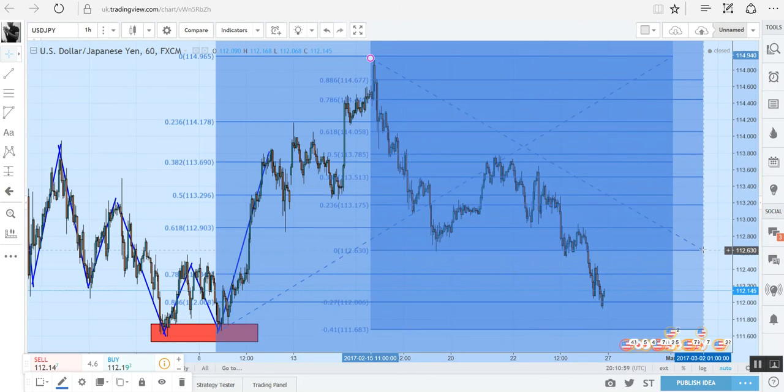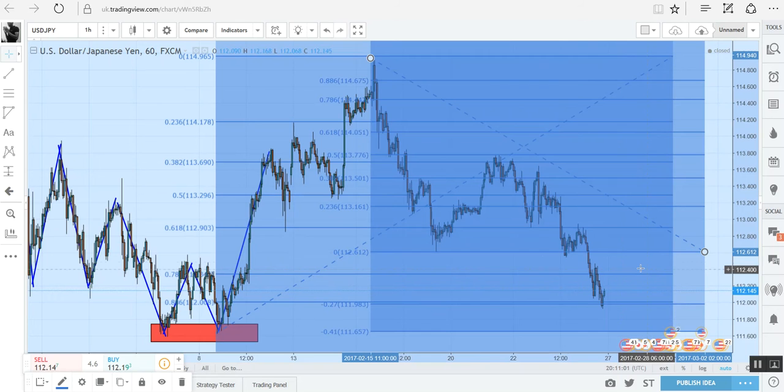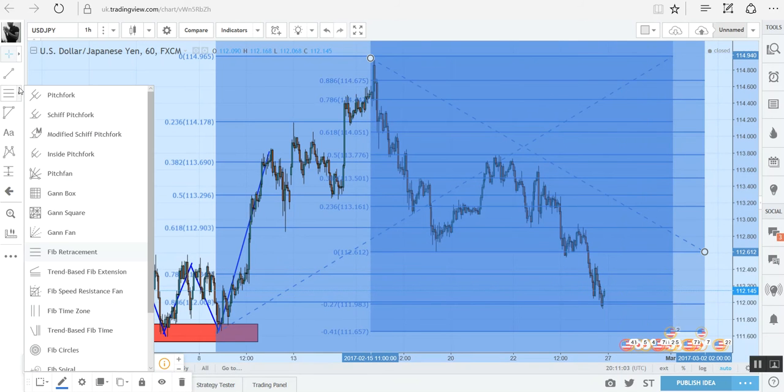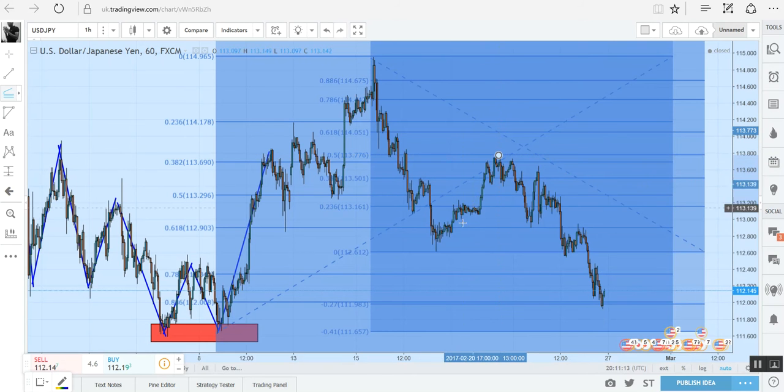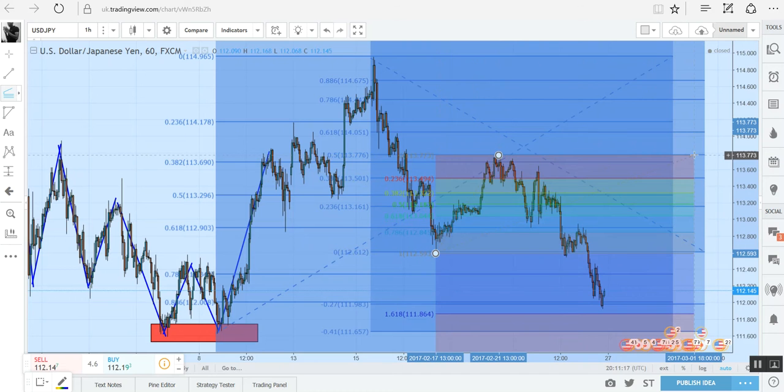So our Fibonacci confluence, the 886 and the 127 extension, and if we bring in another Fibonacci extension, we can see, so I'm going to take an extension of this leg, swing high to swing low, and back down again.